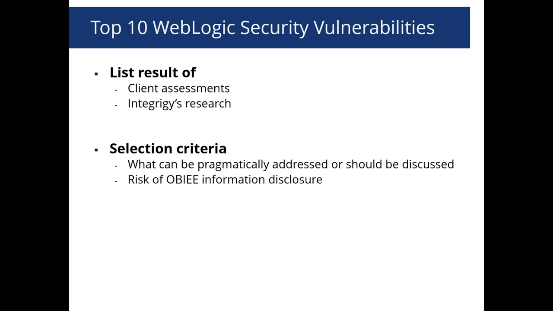What we believe, and certainly what we've seen, are risks to OBIEE, such as information disclosure risks through sensitive data, for example exposing Social Security numbers and or credit cards, as well as those topics that should be discussed during an implementation or can be pragmatically addressed today.